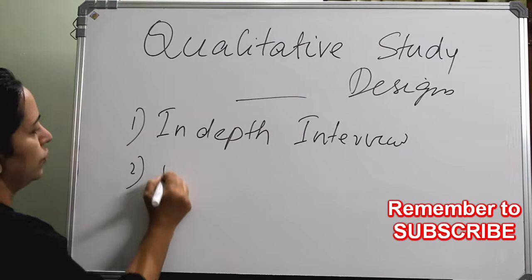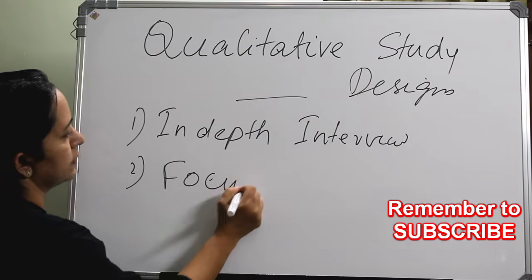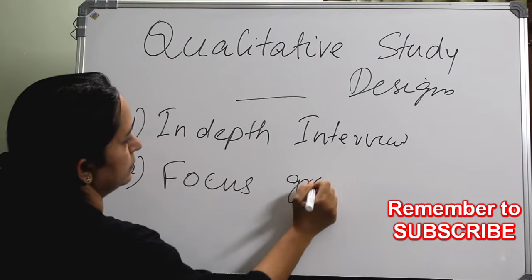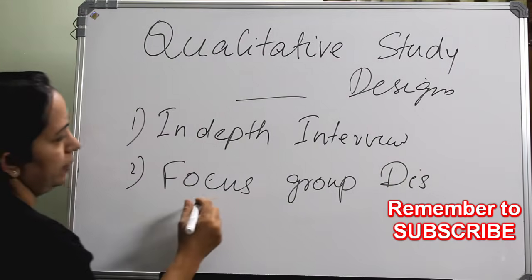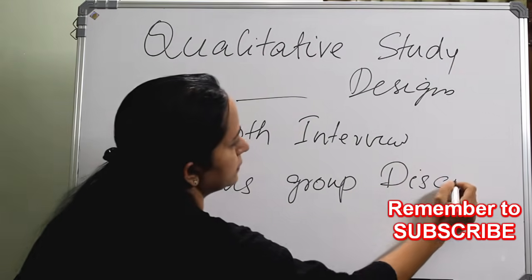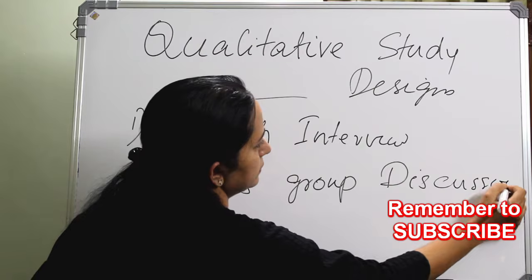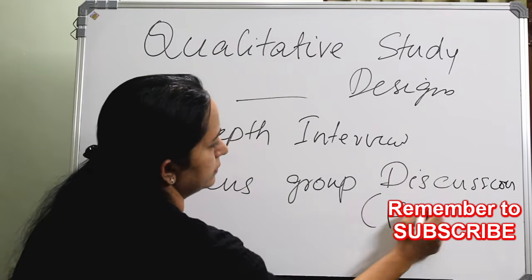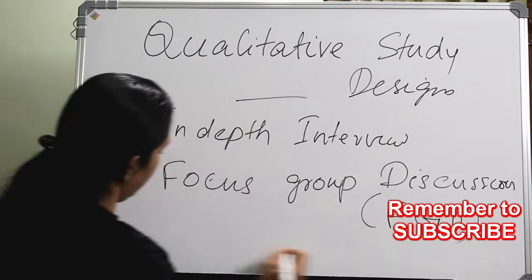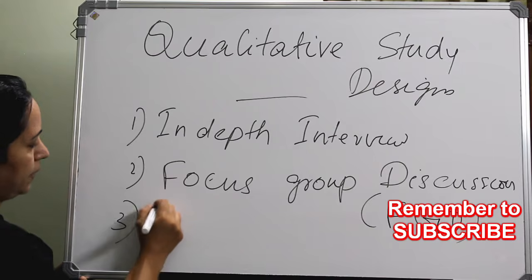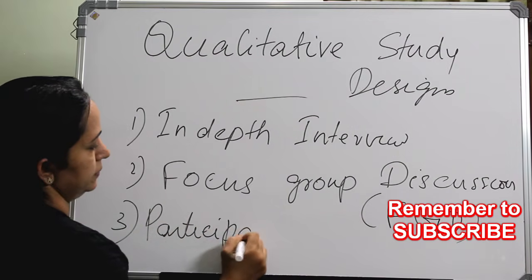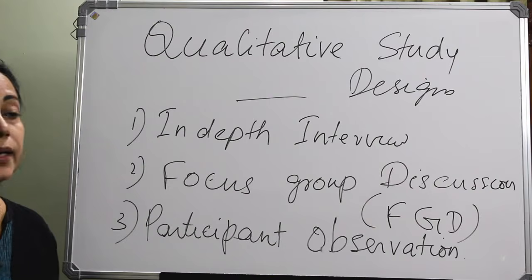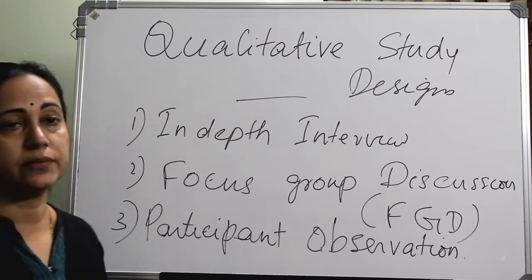Second, focus group discussions, FGD. Or it can be participant observation. So these are the main data collection methods we use in qualitative study designs.